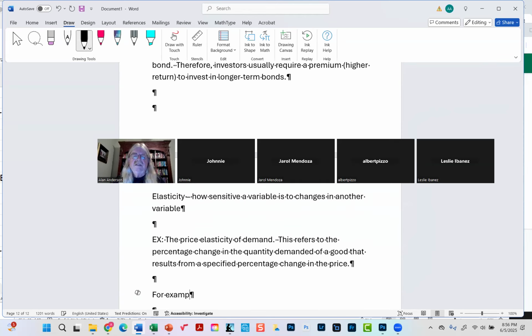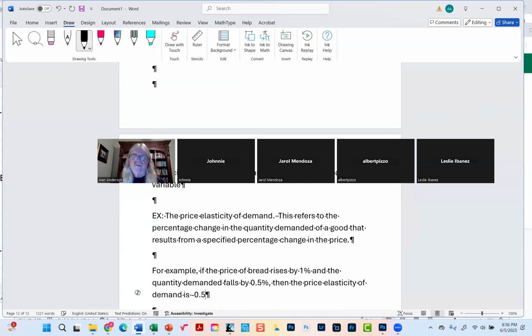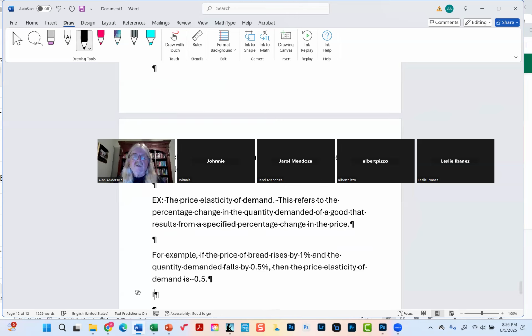For example, if the price of bread, let's say, rises by 1% and the quantity demanded falls by 5%, the price elasticity of demand is negative 0.5. But on the other hand, of course, bread is stable, so you expect people will buy less bread, but not that much less.